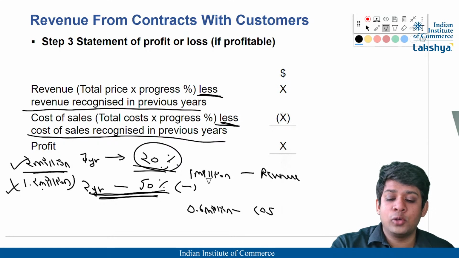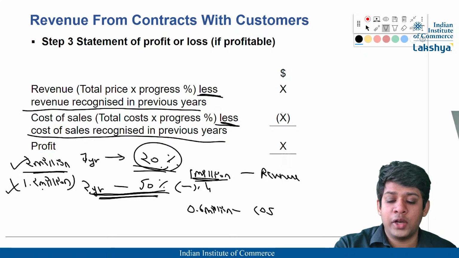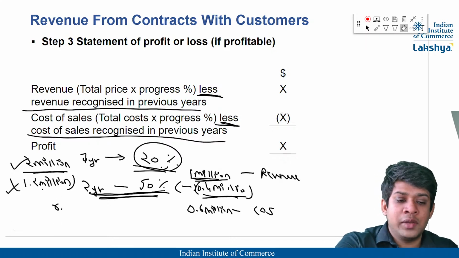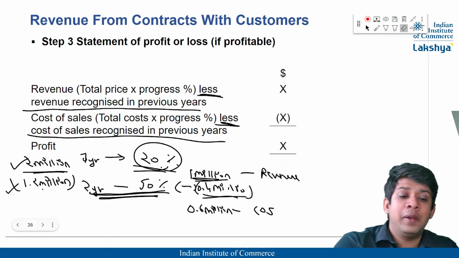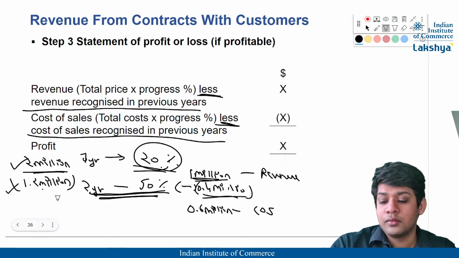So 20% of 2 million, that is 0.4 million, is going to be removed from the revenue, and only the remainder of the revenue will be recognized. So only revenue of 0.6 million is to be recognized, obviously, because in the previous year this 0.4 million I've already recognized, correct?